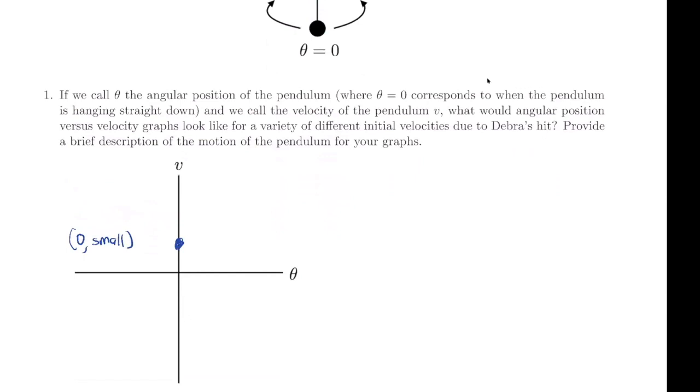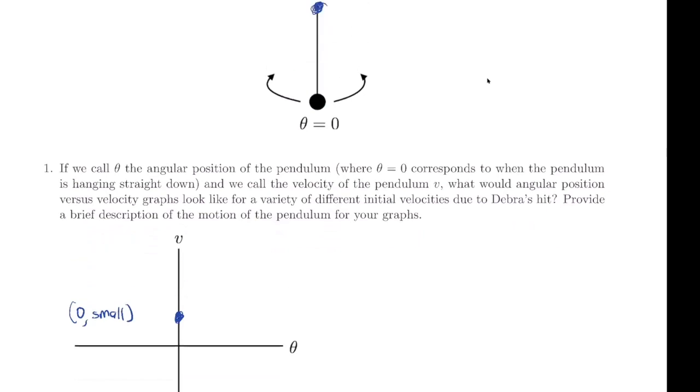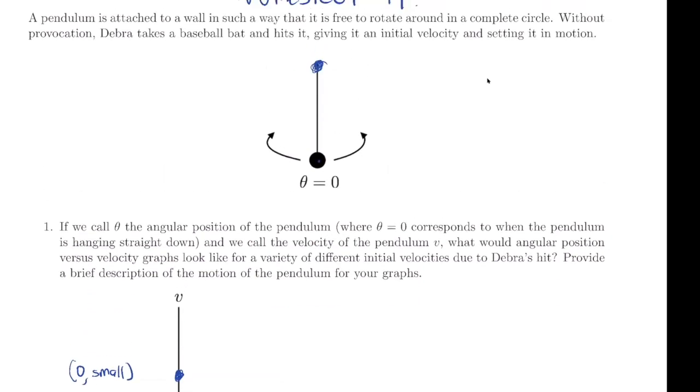If I start the pendulum off at time 0, at theta 0, and then give it a little bit of velocity, let's say I push it in this direction just a little bit, what's going to happen to the pendulum? Feel free to enact it with your arm on the camera. I push it a little bit, and it's going to rock back and forth, right? If we give it a little bit of velocity.